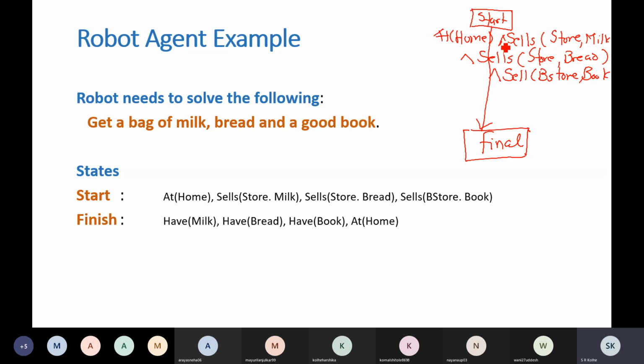This is given. So this is the effect of execution of start, which is the initial state.